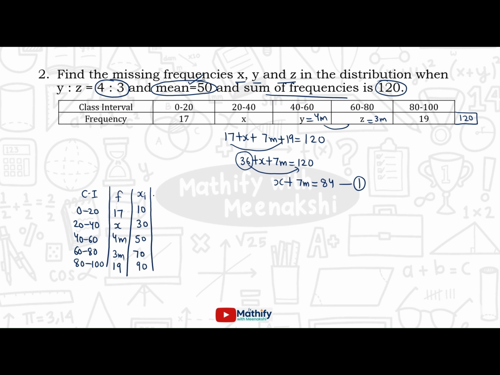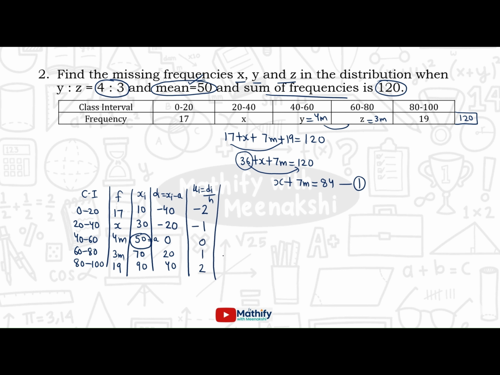Now you will find your di, that is xi minus a. So I'm taking a as the middle value, that's 50. So you can write minus 40, minus 20, 0, 20 and 40. Now to get ui you will divide this by h, that is minus 40 divided by 20, that is minus 2, then minus 1, 0, 1 and 2.